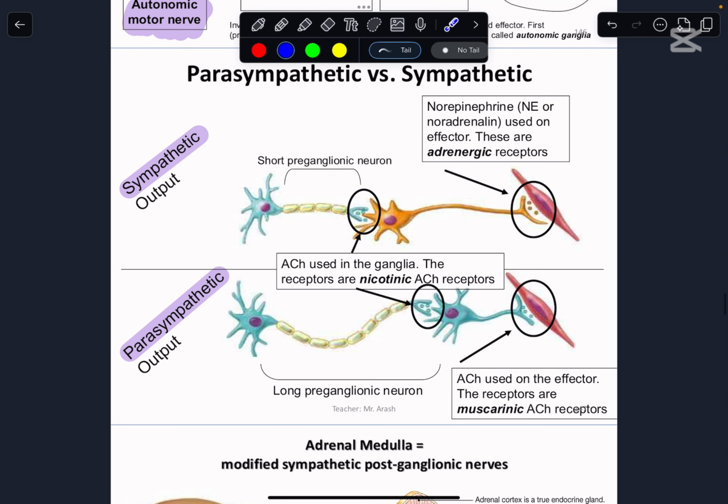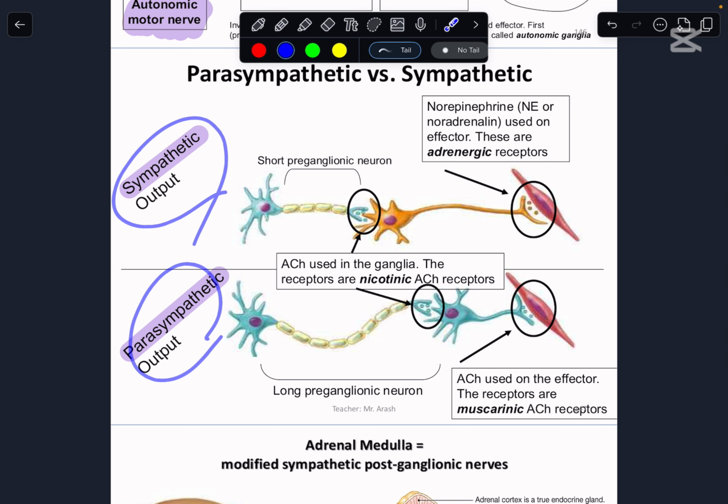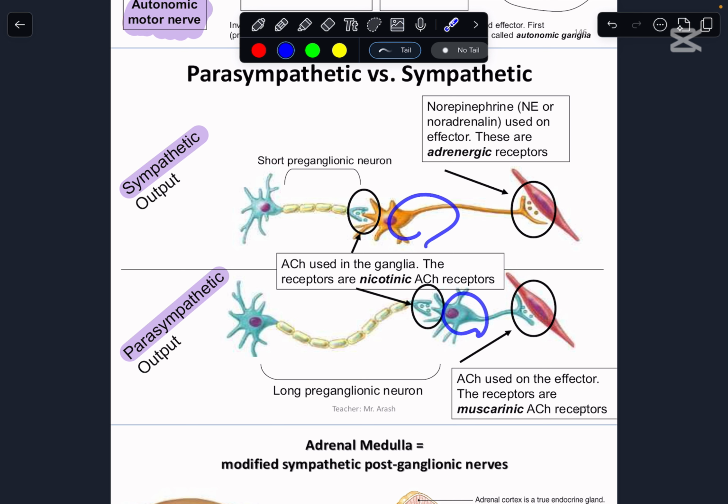So one more time. In both cases, sympathetic and parasympathetic, the preganglion releases acetylcholine. In both cases, the receptors on the postganglion are nicotinic cholinergic. What's different is two things at the postganglion level.